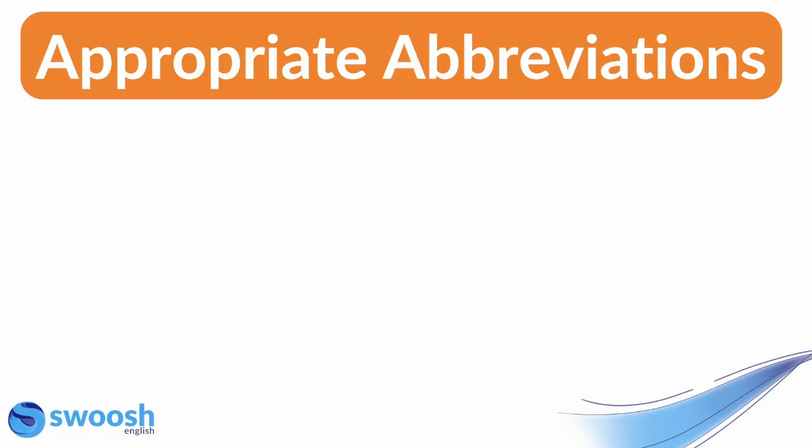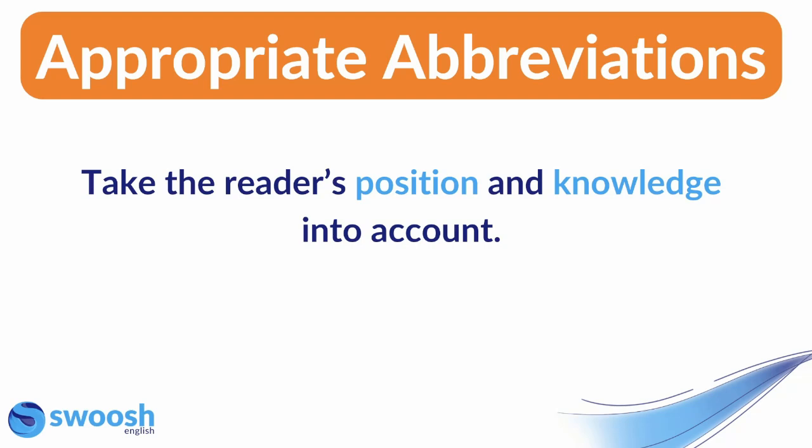into that letter. The next thing we need to think about is the appropriate use of abbreviations and technical language. And in order to do this, you've got to take the reader's position and knowledge into account. So for this one, we're really thinking about who we're writing to and what profession-specific knowledge they might have.